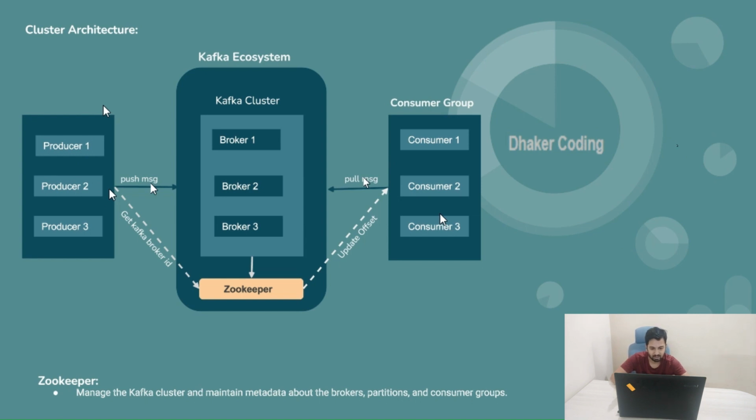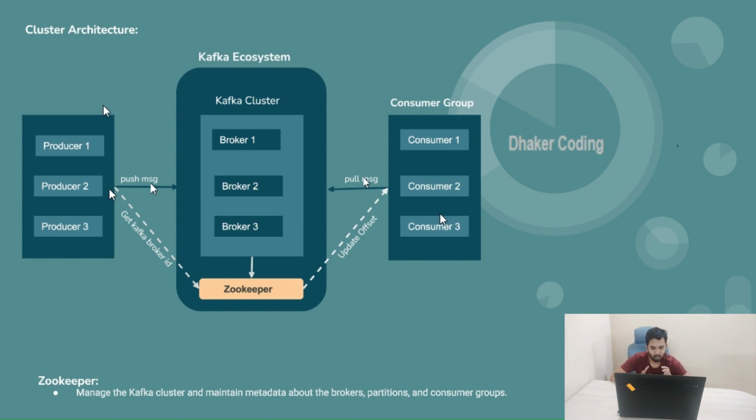In Kafka, there are mainly three or four components. The first one is the producer, another is the consumer, then the brokers, and the zookeeper. What will the producer do? The producer will produce the data and publish it into the Kafka topic.